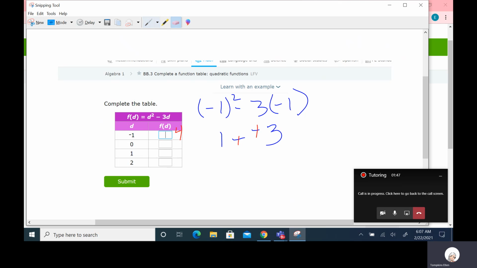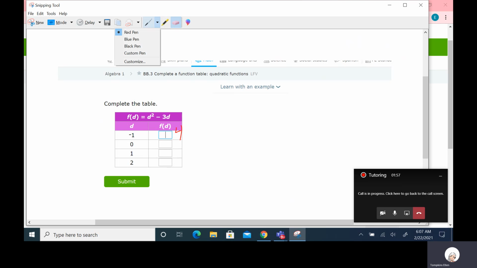Moving on to the next one, you've got 0. Well, that's actually going to zero itself out if you look at it. You've got 0 squared minus 3 times 0. 0 minus 0, you're going to get the 0.